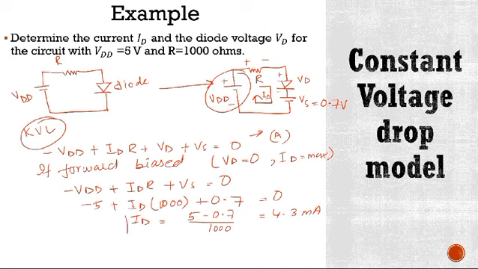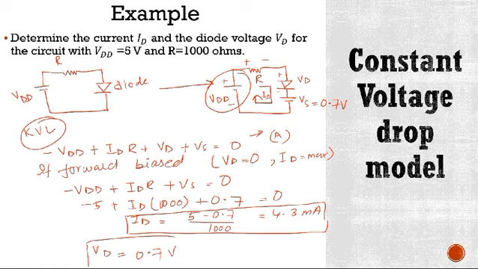So this is the value of the diode current. Now, what will be the value of the diode voltage? VD: we know that this constant voltage drop model has a constant value of voltage drop, which is 0.7 volts. So this is the value of the diode voltage in this model.